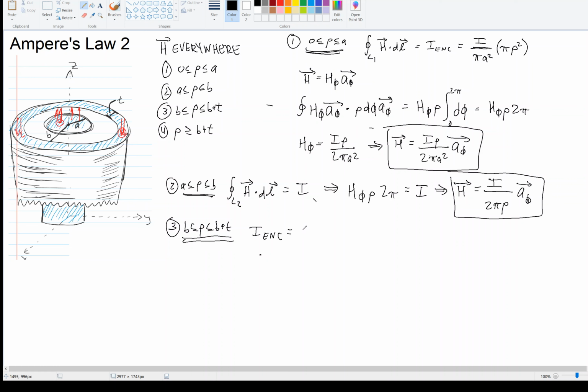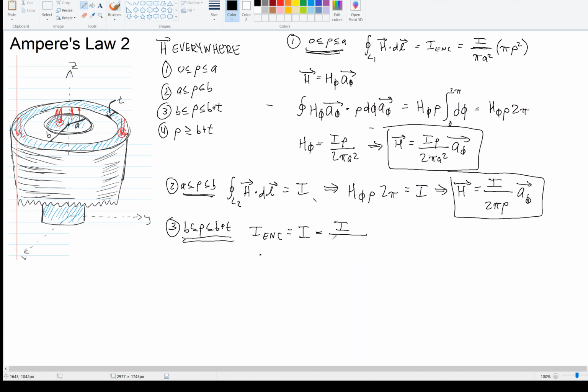Well, we enclose all of the current in the first conductor, I, but how much of the second conductor are we enclosing? And we're going to add to it, but it's really a minus sign because the current is going in the other direction, as I explained at the beginning of this. So now we're going to figure out what fraction of I do we pick up from our Amperian path.